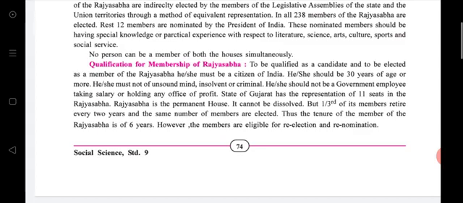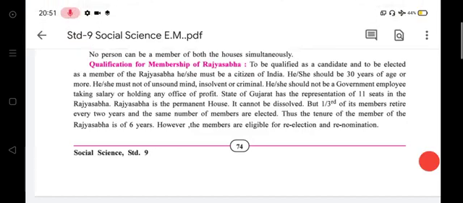If you have done this chapter's exercise, then you do not need this. But if you have not started this chapter in your fair note, then you have to write a short note on Rajya Sabha, on Lok Sabha.